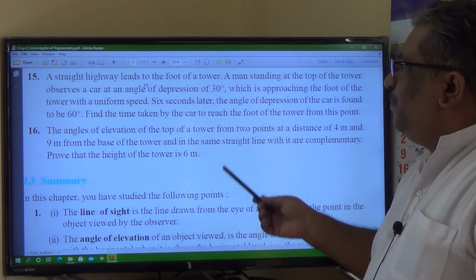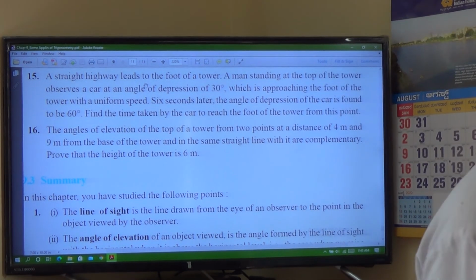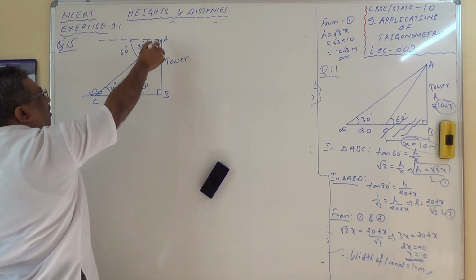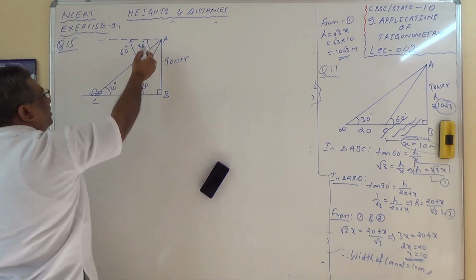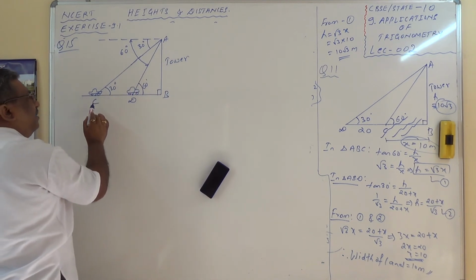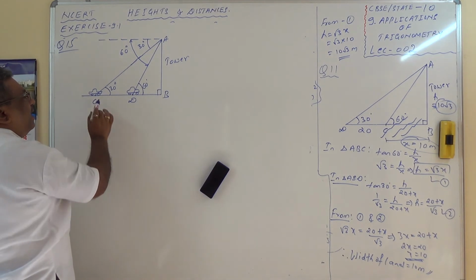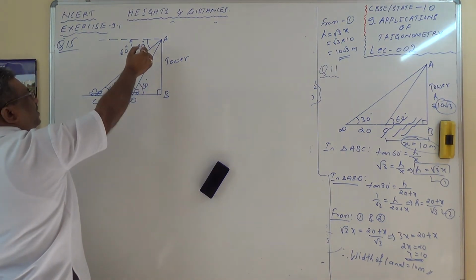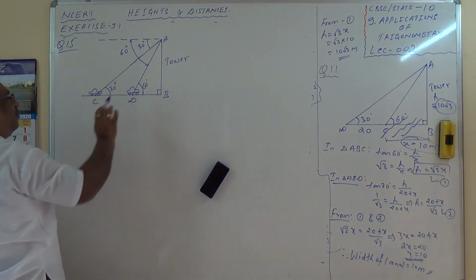This is the question. Let us draw the diagram, then it is very clear. This is a tower here. From the top of the tower, a person is observing these two cars. The angle of depression is 30 degrees for this car, and it is moving with a constant speed, and after some time the angle of depression becomes 60 degrees. So the angle of depression changes from 30 degrees to 60 degrees, and the car is moving with uniform speed.